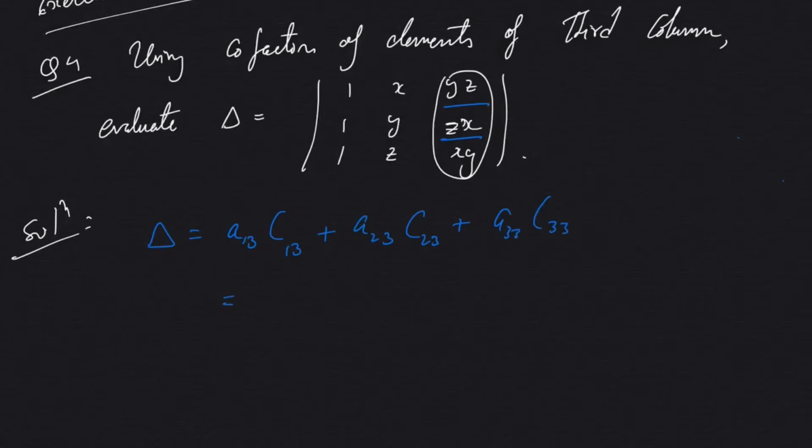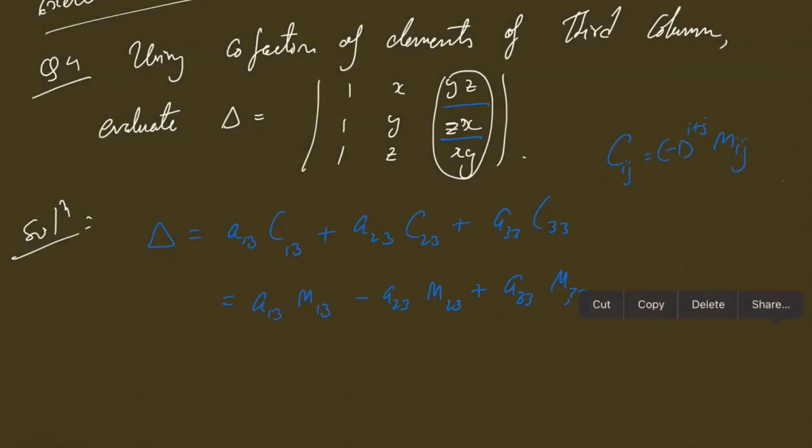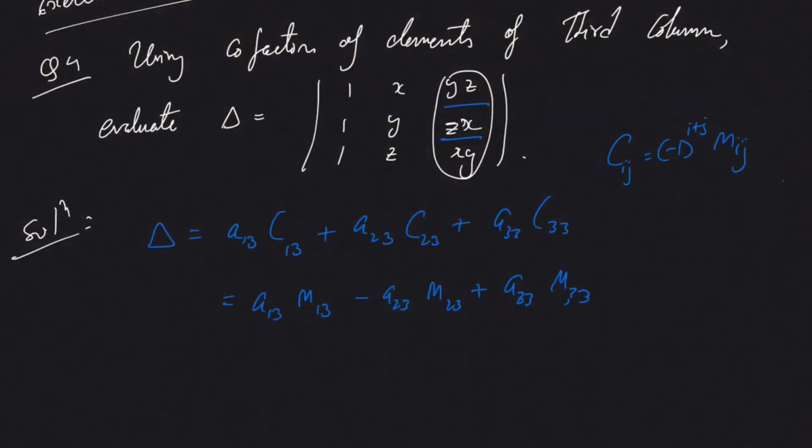So since we are doing it in terms of minors, A13 M13 minus A23 M23 plus A33 M33. Remember we have done that the cofactor of ij is (-1)^(i+j) Mij. So the sign of the cofactor very much depends on the values of i and j, whether it's going to be negative or positive of the minor.